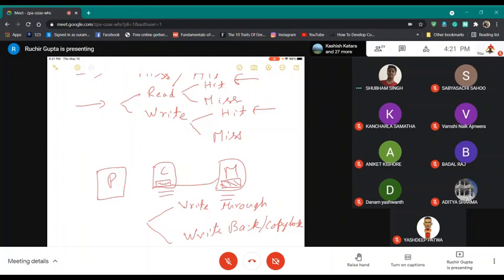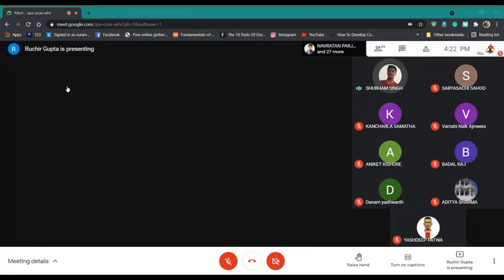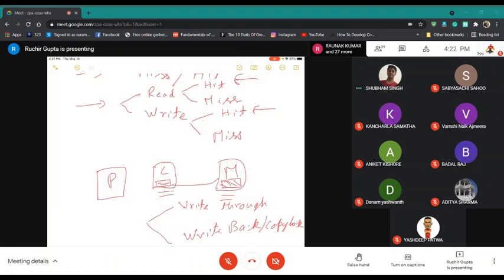Sir, I know a little bit about write back. Yeah, tell me. Sir, when we update, we write to the cache block. We can store a flag bit with it. Right, right. And whenever we are removing that block from the cache, at that time we can update the memory. Right.